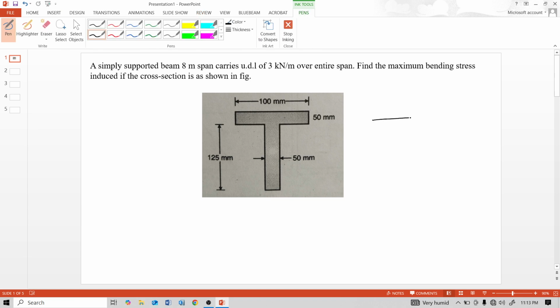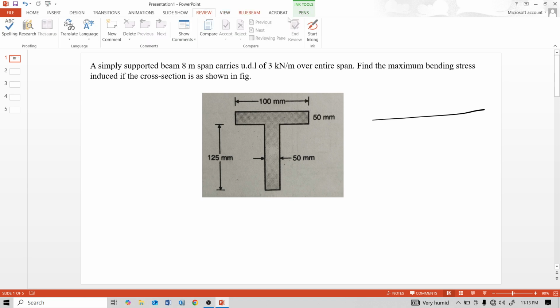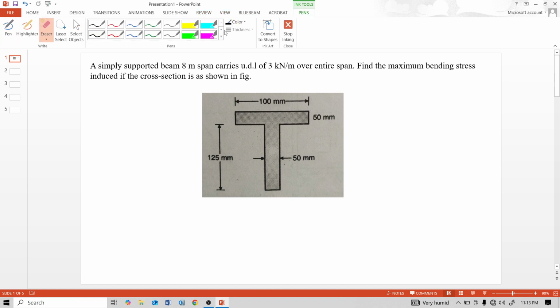This is a simply supported beam with a uniformly distributed load of 3 kilonewton per meter, and the cross section of this beam is this T section.